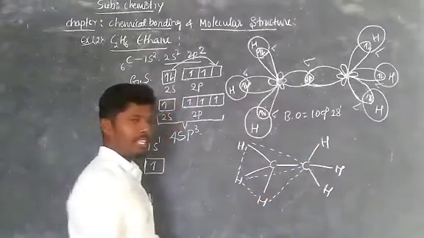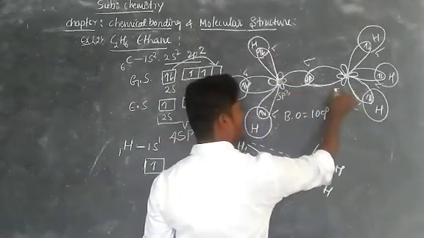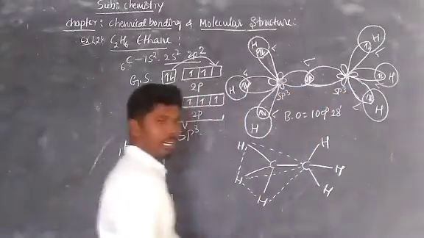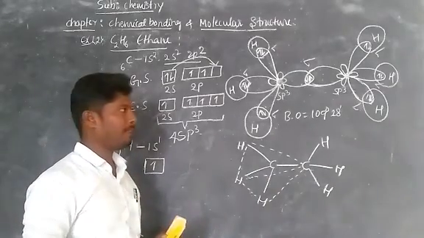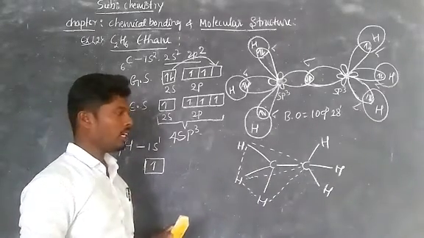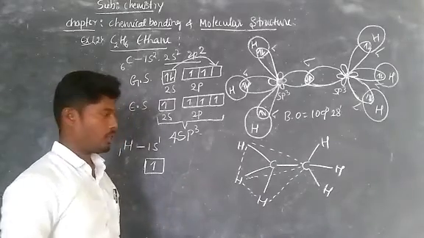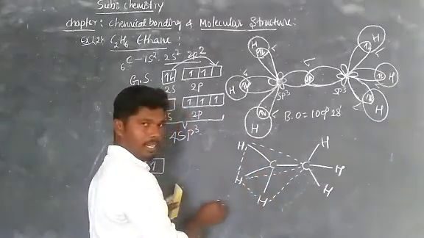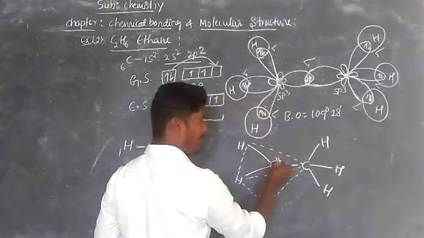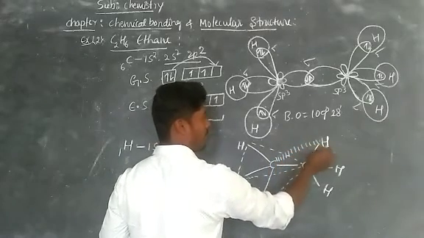Here there are two carbons, each carbon having sp3. This carbon has sp3, this carbon also sp3. In the last case, there was only one carbon, so we got only one sp3 hybrid carbon. Here there are two carbons, so each carbon has sp3 hybridization. For this carbon, this is the sp3 hybridization geometry. For this one, I will write vertical lines for this carbon.